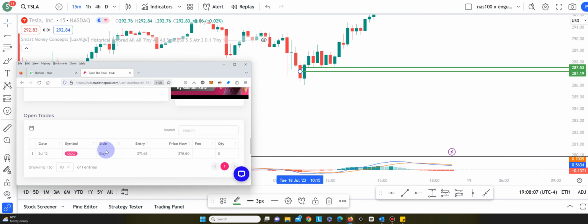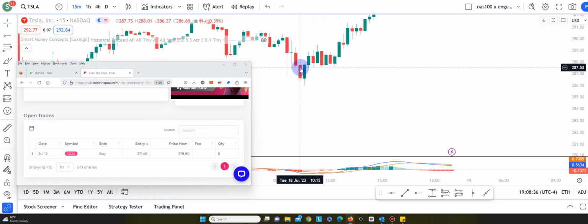And then this trade I have running from July 12th, and it's just 5 shares. You're not able to see the exact entry time, but you can see that I'm up about $7 since I entered it on July 12th.